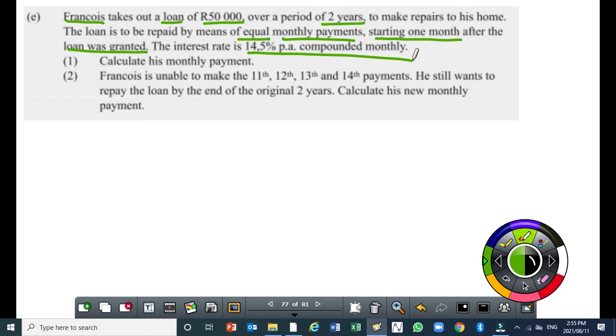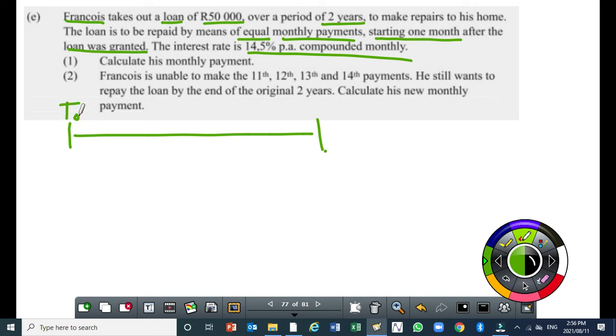So the first question says, calculate his monthly payment. Okay, we need to calculate the monthly payment. So first thing, let's draw a very short timeline to visualize what's happening. The loan is to be paid off within 2 years, so 2 times 12 will give you 24.